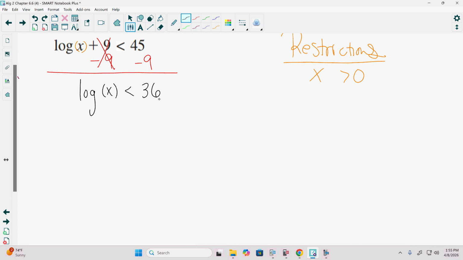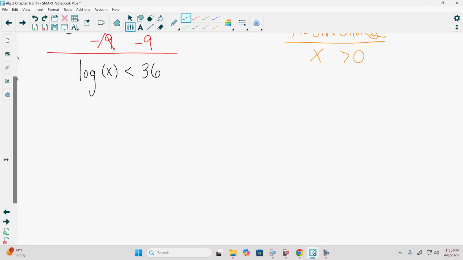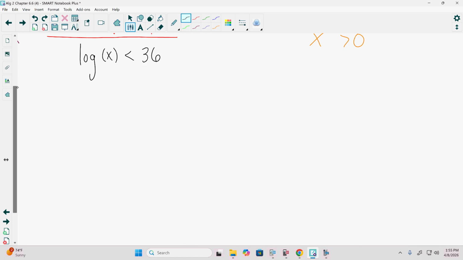What would we do next? Or, well, is the log by itself now? Everything's on the other side, so we need to put a base to both sides. And what are we going to put both sides to the base of? The same as the base of the log, which would be 10.